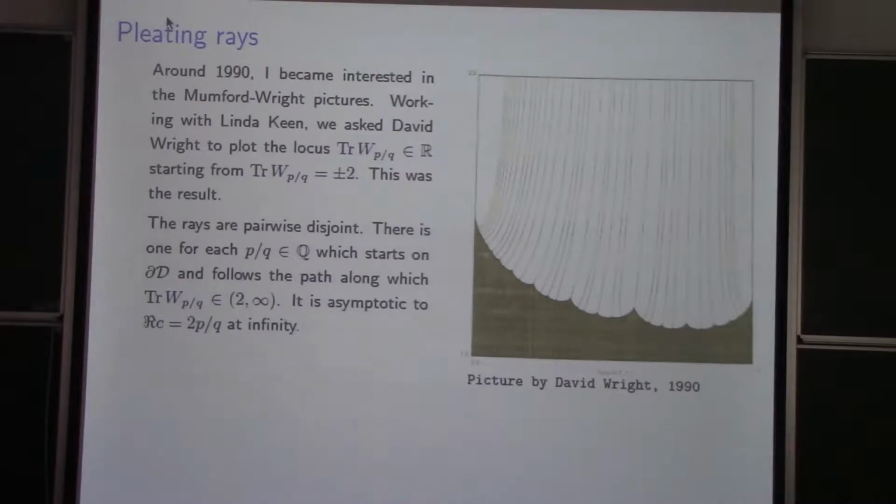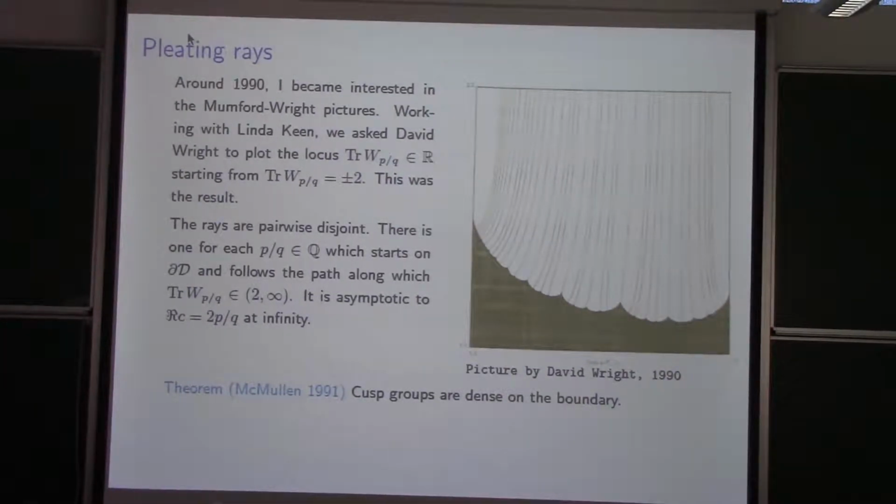Here is one very famous paper. Curt McMullen proved that whatever this boundary is, and he didn't know that that was the boundary, these cusp groups described by Bers must be dense on the boundary. An amazing tour de force, this paper.